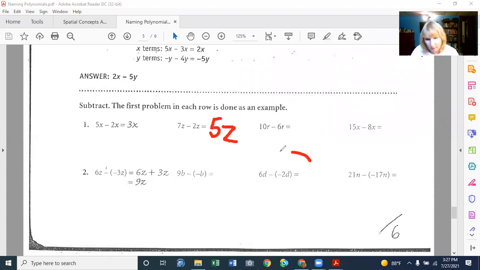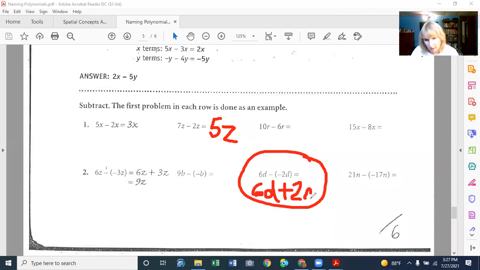Be careful when you get to something like this. It's minus a minus. So when you have minus a negative, it's really a positive, right? So it's really 6d. The two minuses cancel each other out. It's really 6d plus 2d. So the answer to that one would be 8d. So back to addition because of the two minus signs next to each other. So that one's just 8d. So be careful on those type.